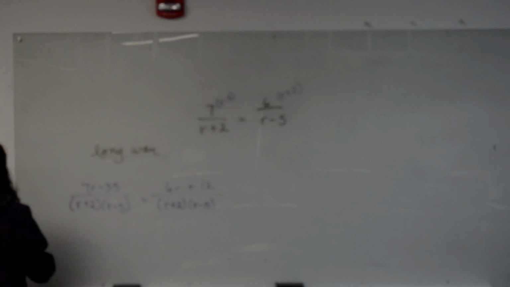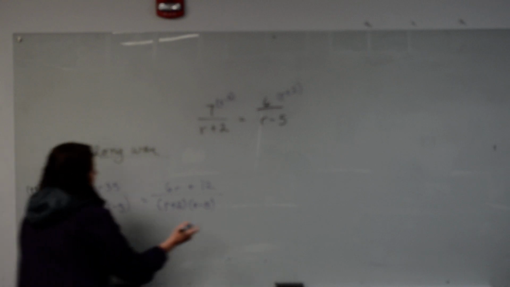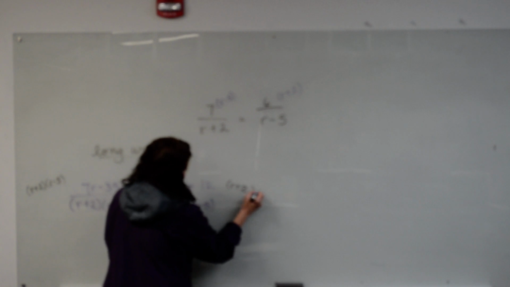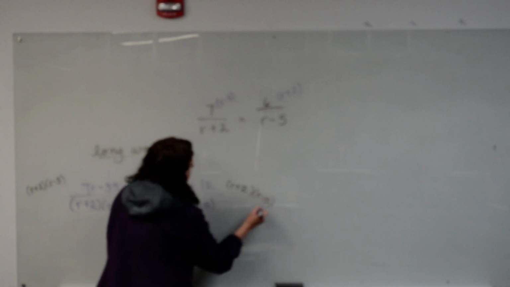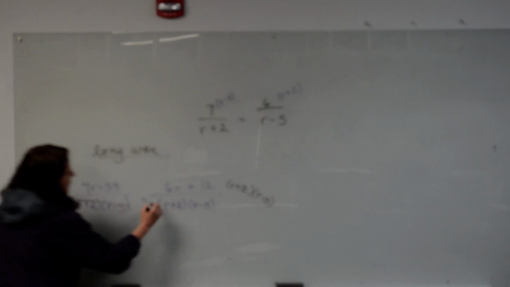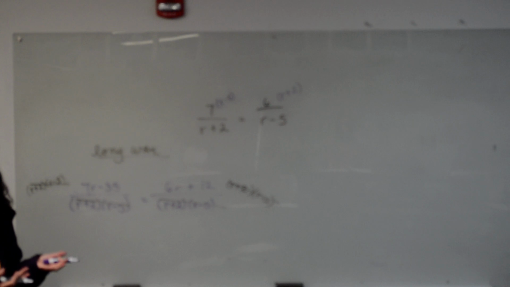What I do to one side, I do to the other side. So if I multiply both sides by that, then it's over 1. All that goes away, and I get rid of the bottom, right? So then I have 7r minus 35 equals 6r plus 12.